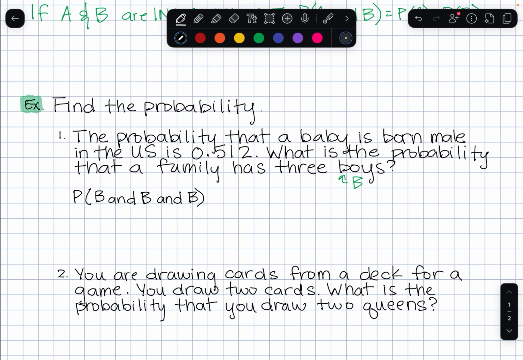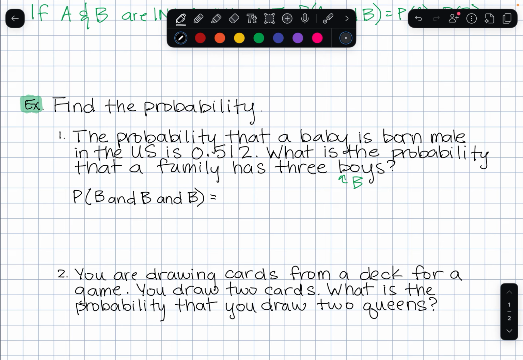Before I do my math, first thing I know, "and" means multiply. This is a multiplication rule. And then the second thing I have to ask myself is, are these events independent? Since we are taking basic stats and not higher level biology, the assumption is that yes, the probability that a boy is born should be approximately the same for every birth in the family.